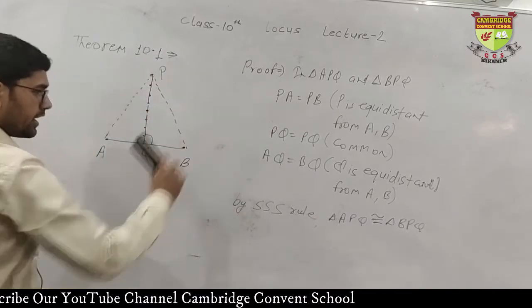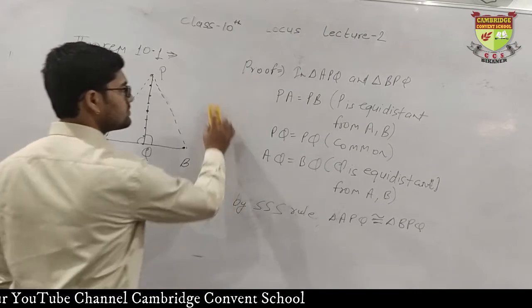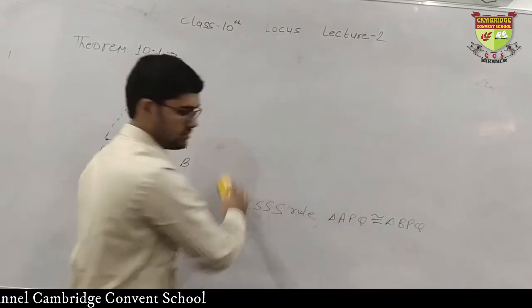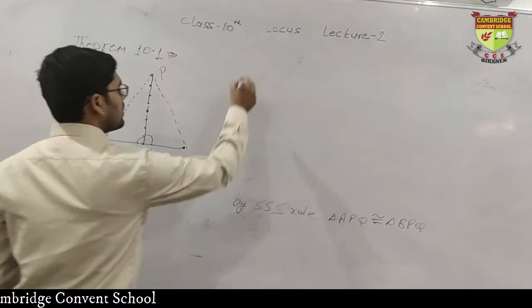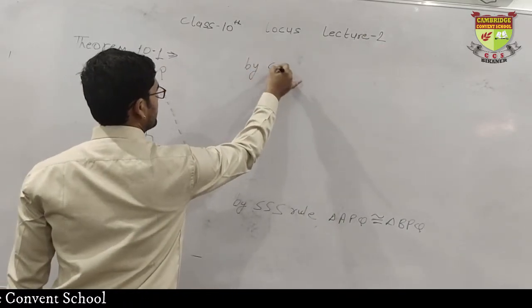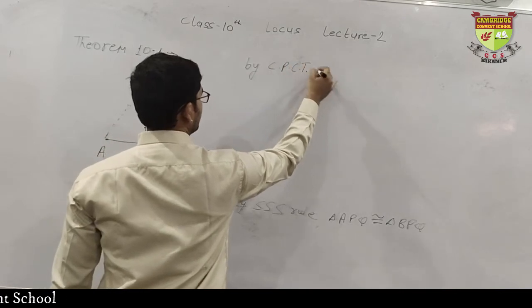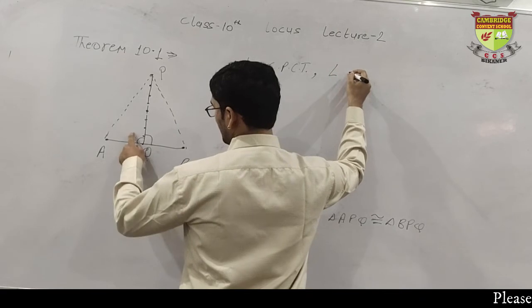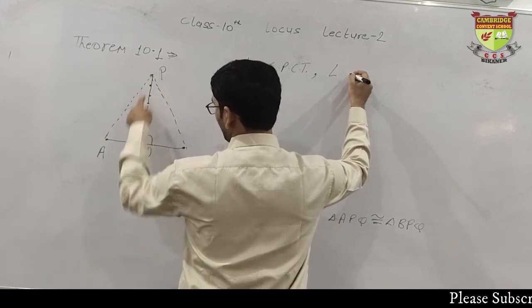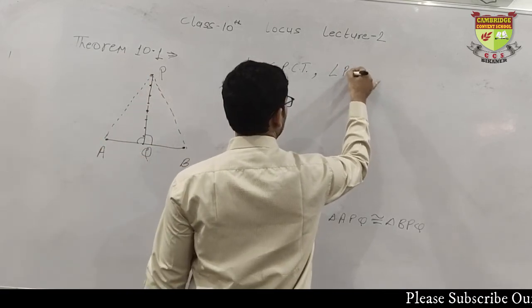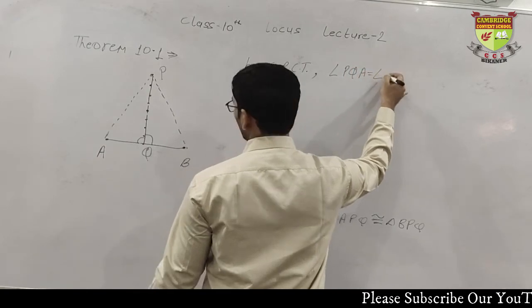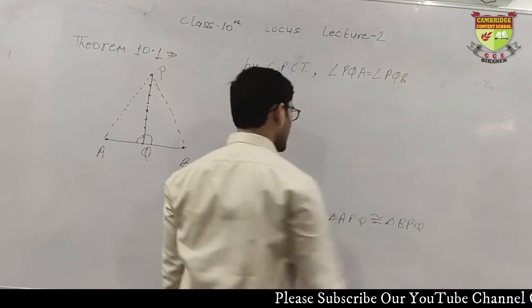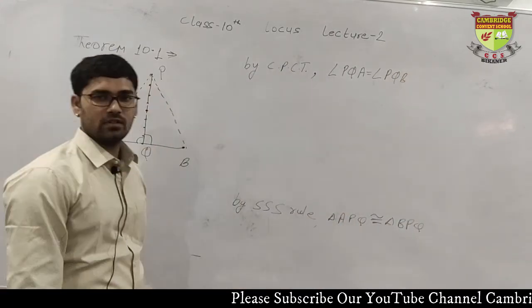So note it: by CPCT, angle PQA equals angle PQB. Why? Triangles are congruent, so angles will be equal.